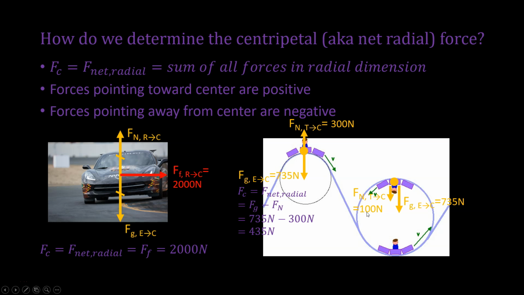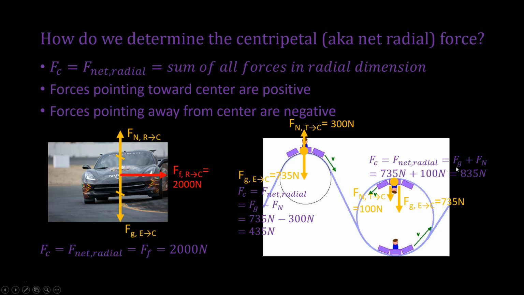And so I've put in values of 100 newtons for the normal force, and the gravity force on this person is 735 newtons. So how do we go ahead and calculate the centripetal force in this case? Well, we need to remember that the centripetal force is the net force in the radial dimension.